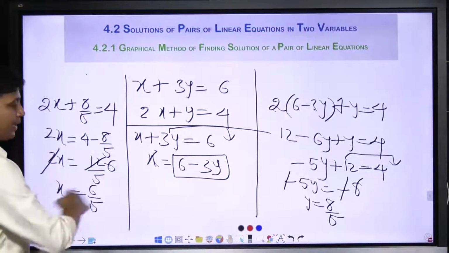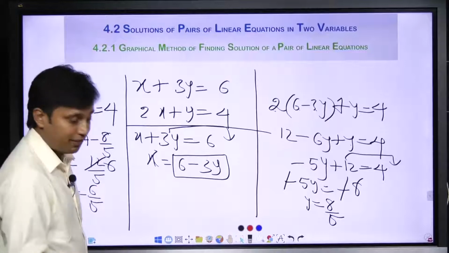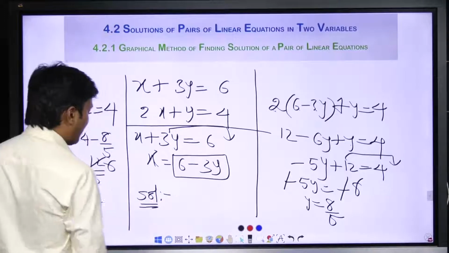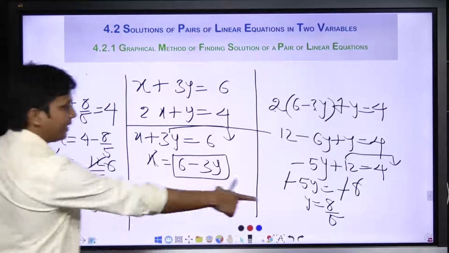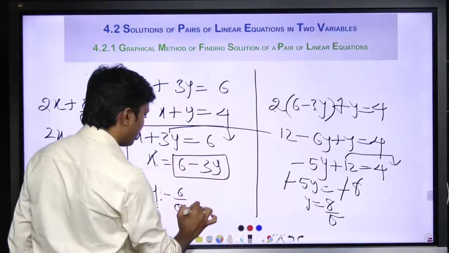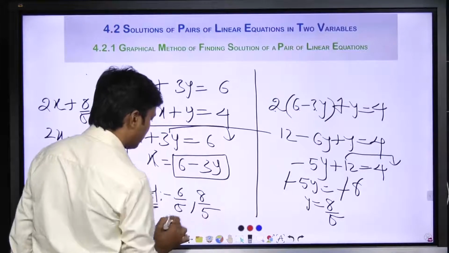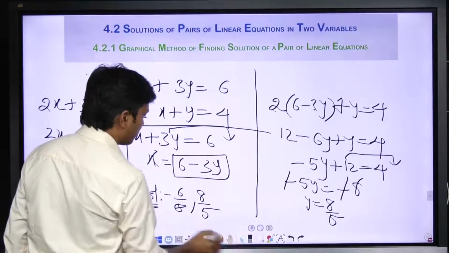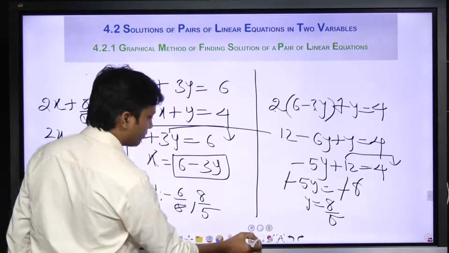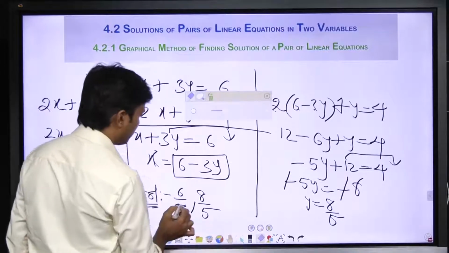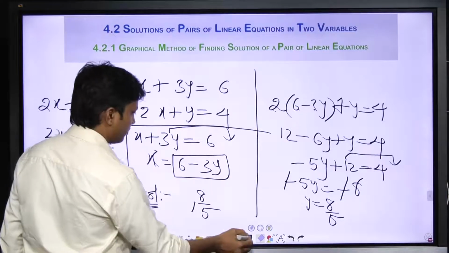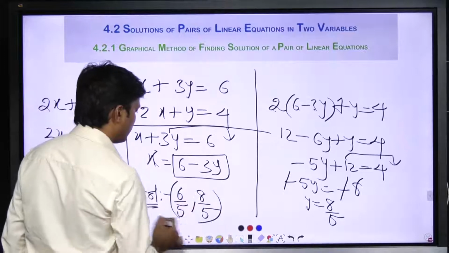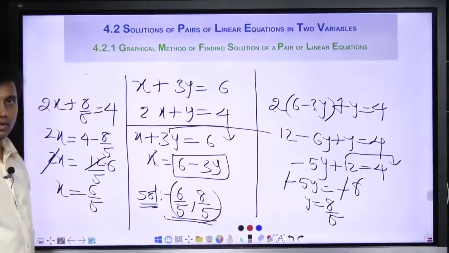Now what is the ordered pair, or the solution finally? The solution would be the ordered pair (x, y), which is 6 by 5 and 8 by 5. So this is the solution.